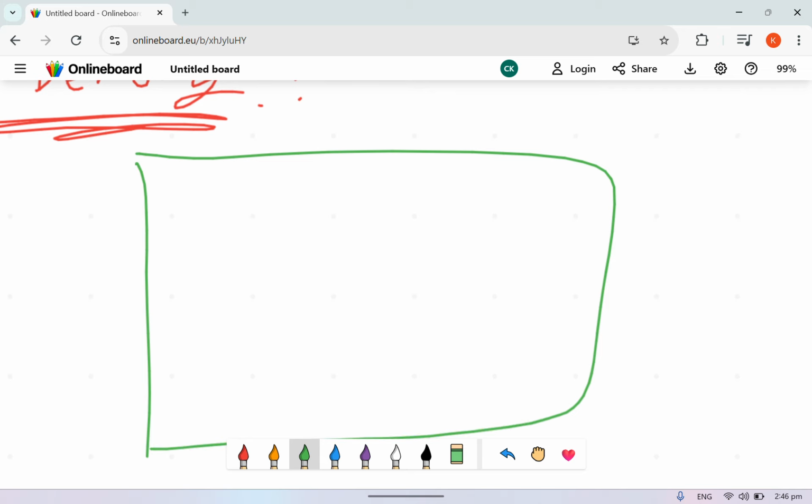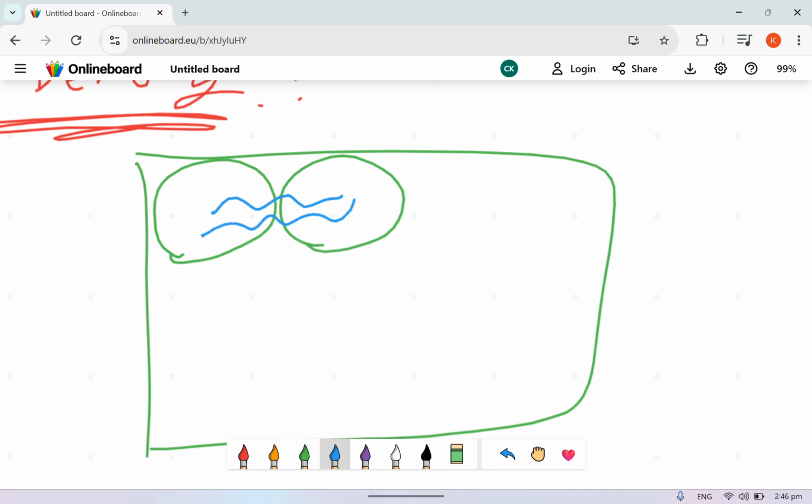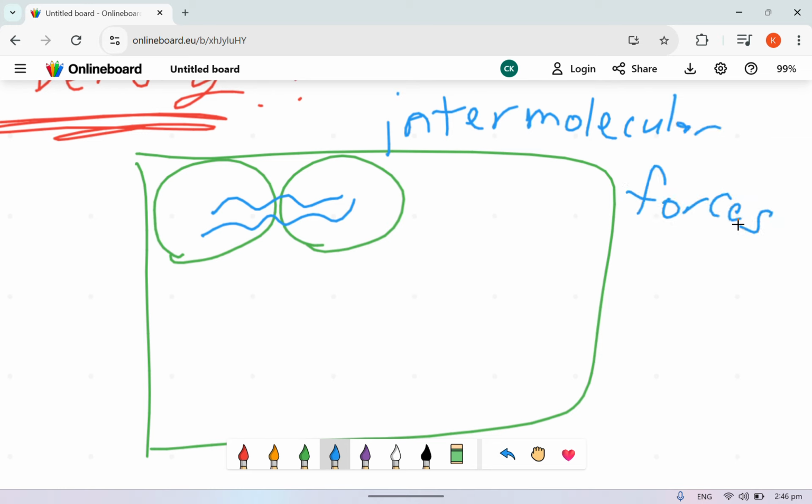So, how about liquids then? Now, these molecules are held together by something called intermolecular forces. If you look at it, the root word is basically molecule.